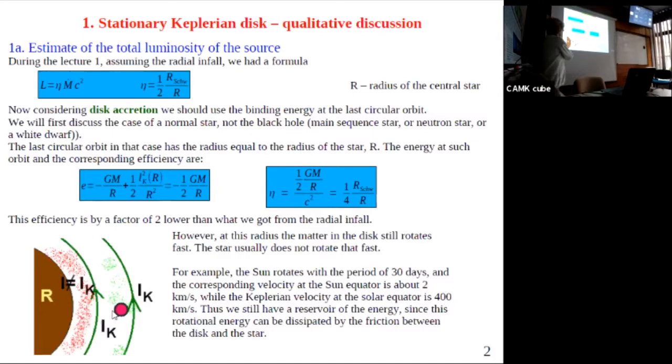And then you have a huge friction between the outer disk, where you have still this Keplerian rotation, this is a cross-section of the disk, and the radius. So finally, this material has to come to rest.